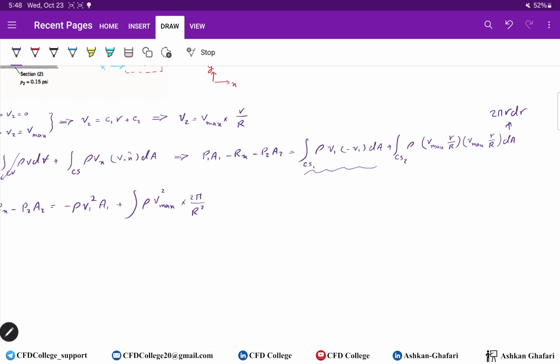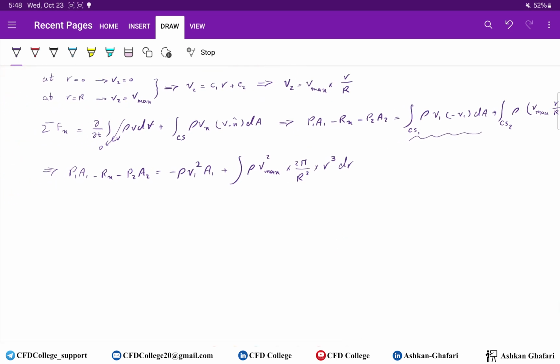This Vmax is also squared. And now we have r to the power 3 dr. I hope I do it correctly. Okay.